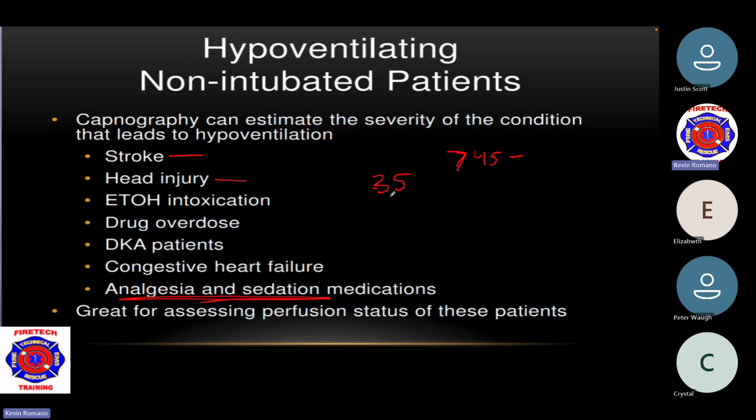Now, if our end tidal drops below 35, going down here, okay, now we start seeing vasoconstriction. Well, that's a good thing. We're slowing down the bleed, right? However, if we vasoconstrict too much, what is the brain not getting at this point in time?